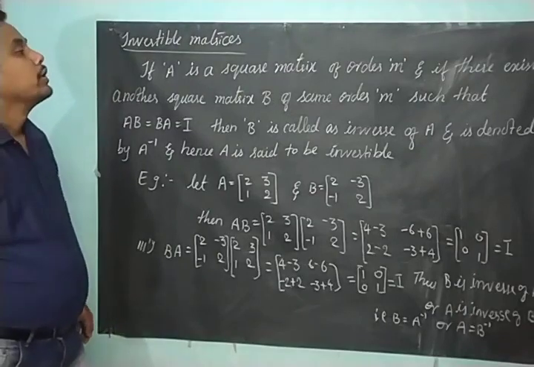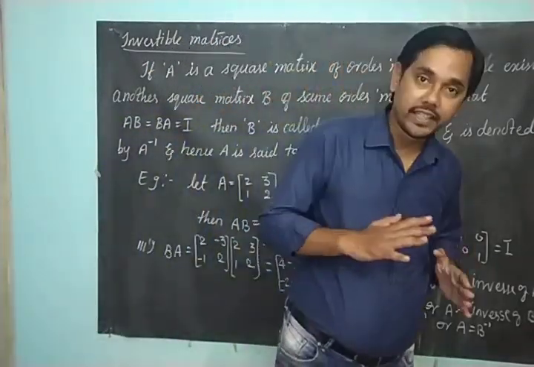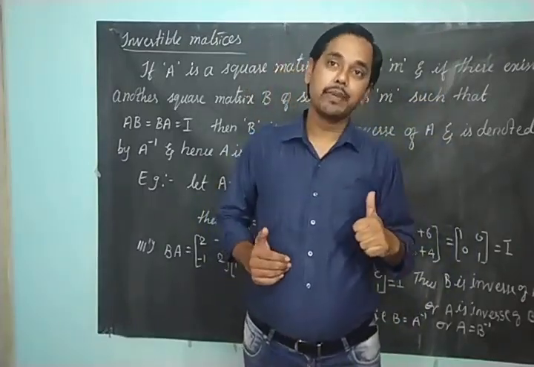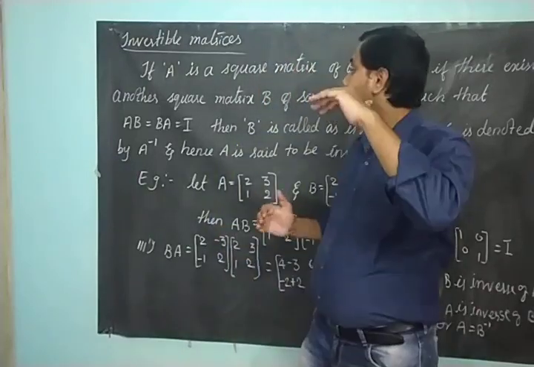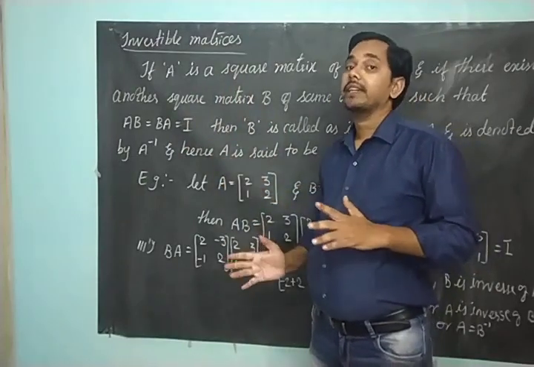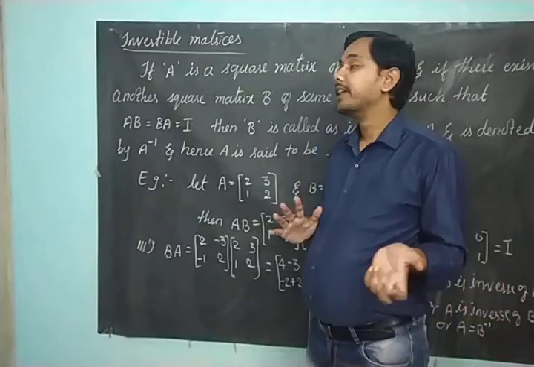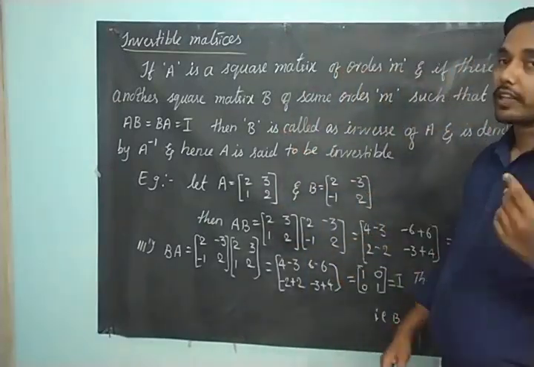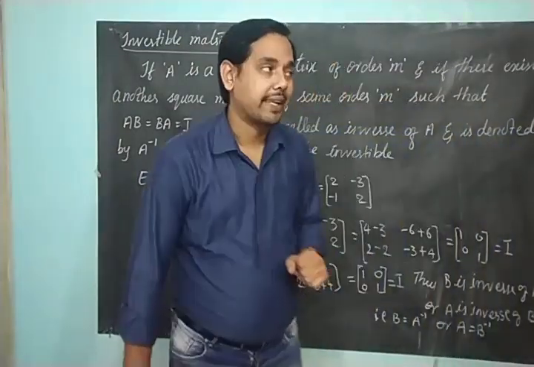B is called inverse of A, or A can be said to be an invertible matrix.